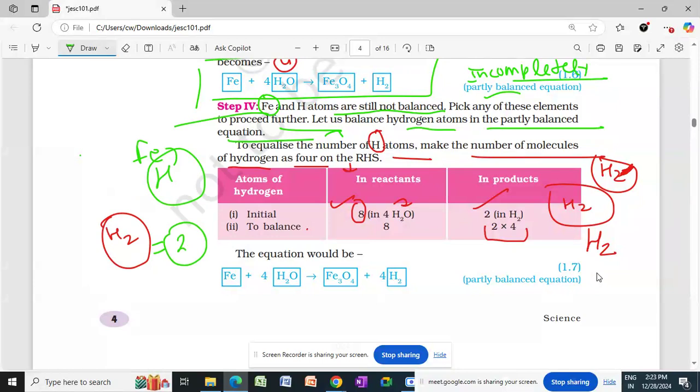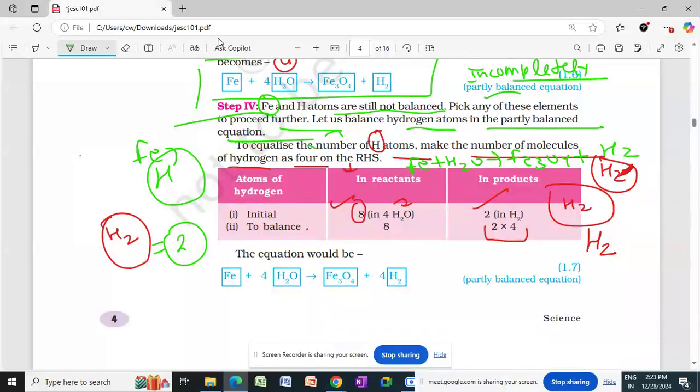One thing you tell me, one second. So in this partially balanced chemical equation, you have seen that we have Fe plus H2O will give you Fe3O4 plus H2.